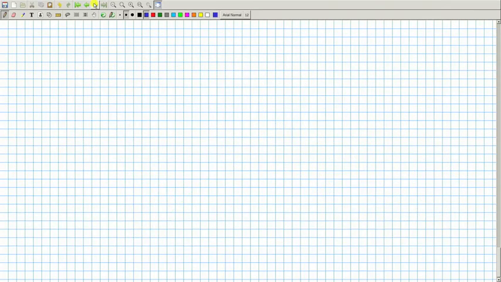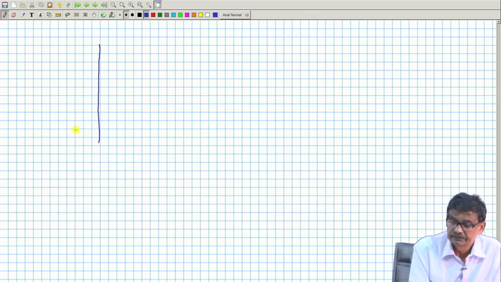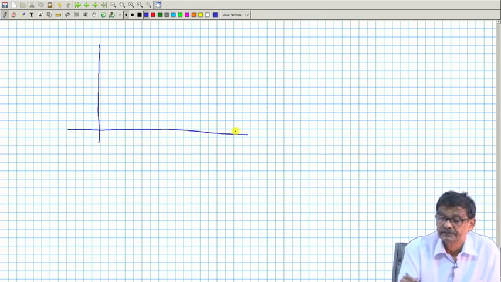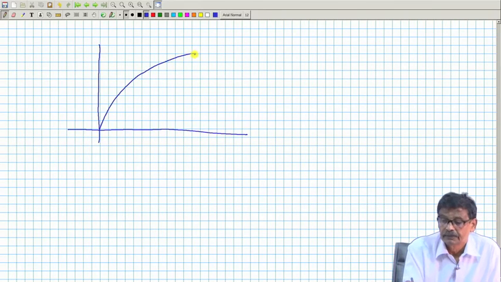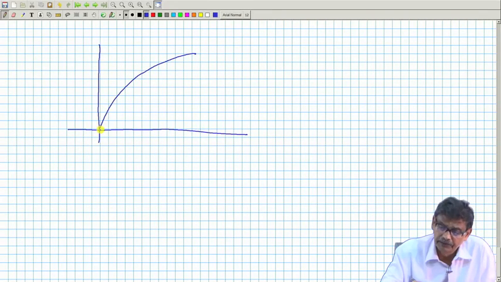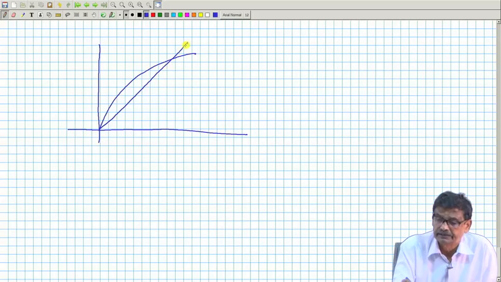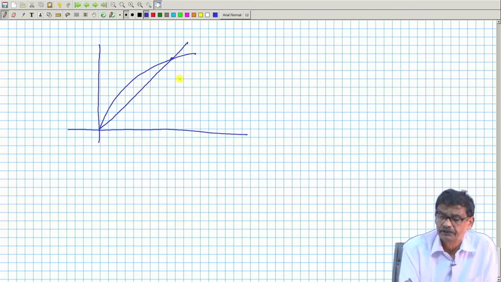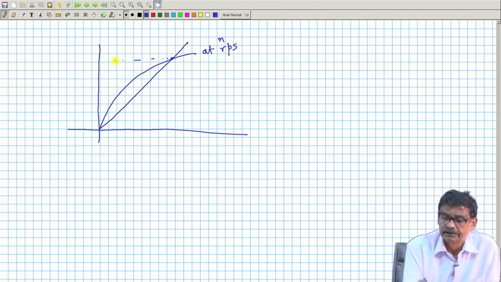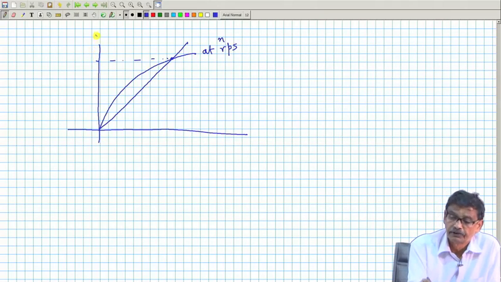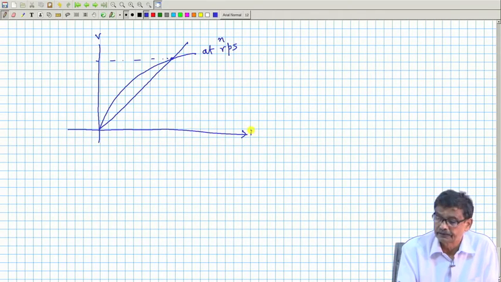It simply means this. For the shunt generator we have seen, this is the OCC, and suppose you have seen that the field circuit resistance is below critical and it is at n RPS, and in the open circuit it will generate this much voltage, and this is the field current.